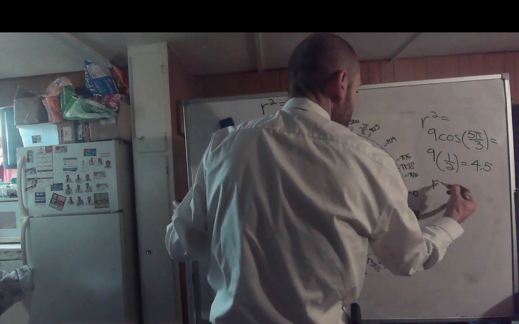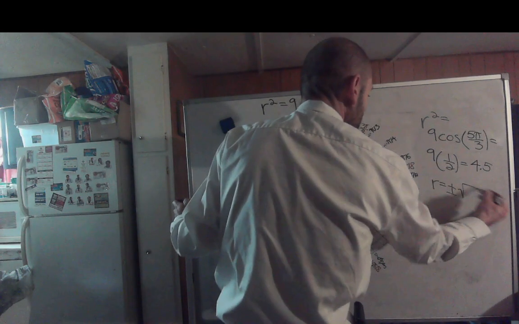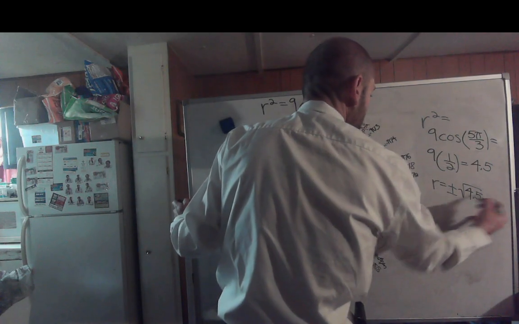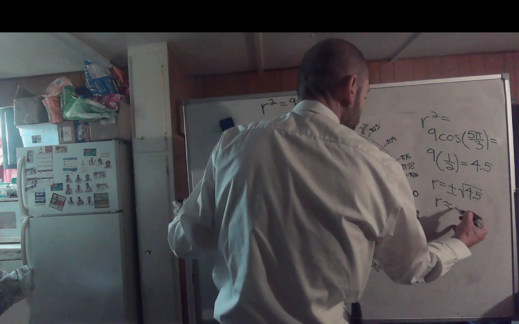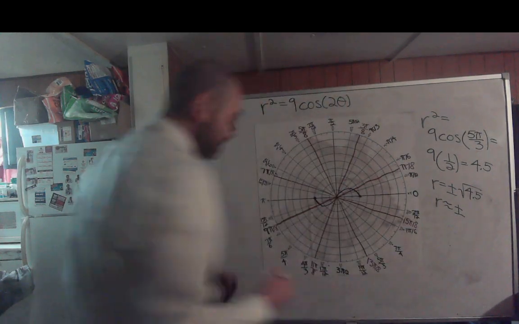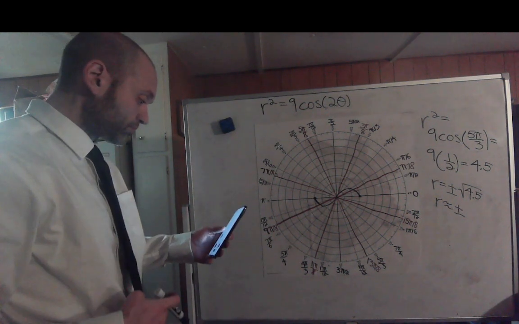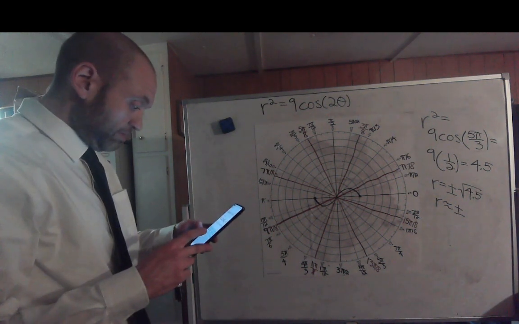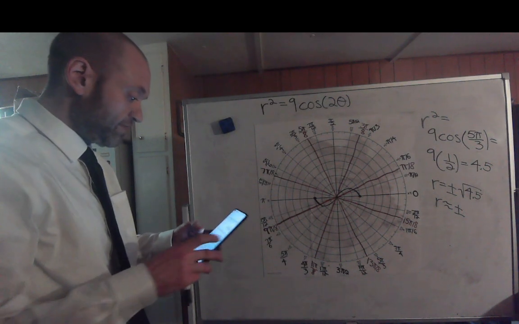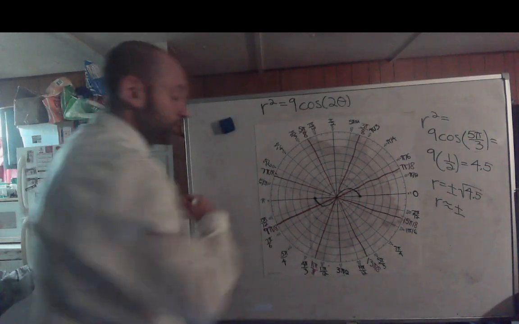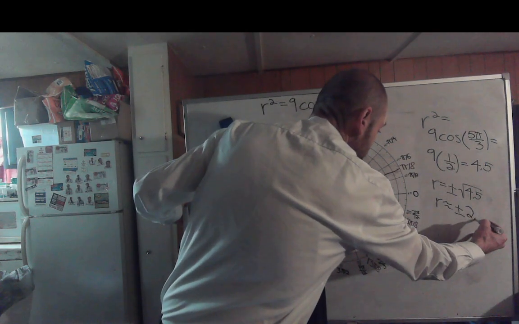So r is going to equal plus and minus the square root of 4.5, which is approximately plus and minus 2.12.